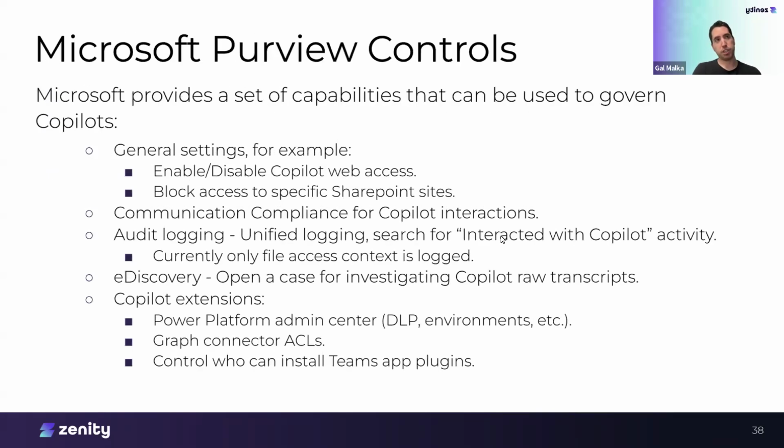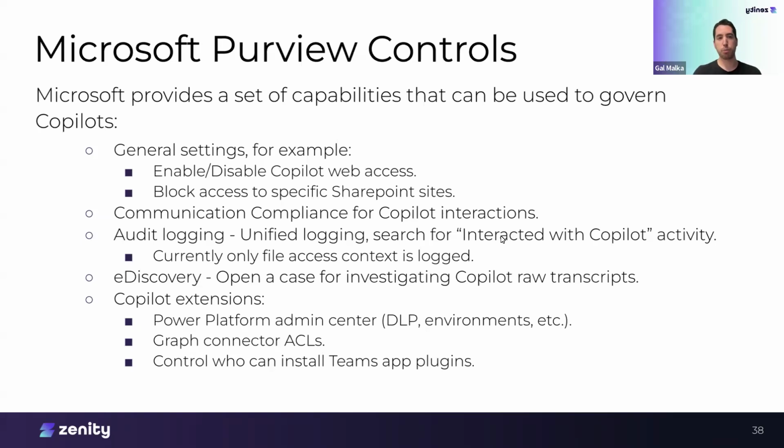And the last recommendation here is about Purview controls. Within the Microsoft ecosystem, Microsoft has already provided us with built-in controls to control how Copilot works. For example, we have some general settings. We can decide whether we want to enable web access by Copilot, up to the company policy.